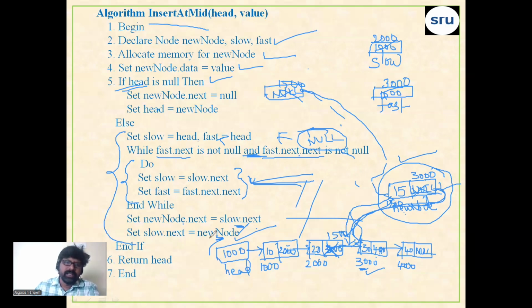So like this operation can be performed. Insert at middle operation. Okay. So here, in order to perform this operation, we should have two important pointers or variables, slow and fast. Then only it is possible.